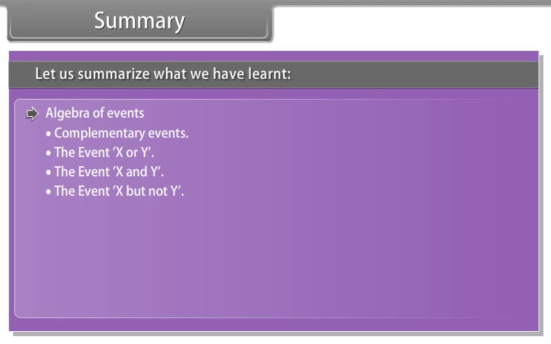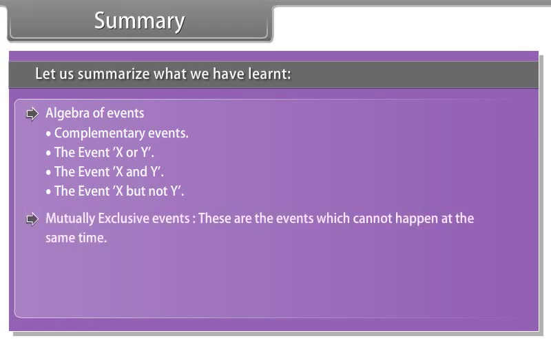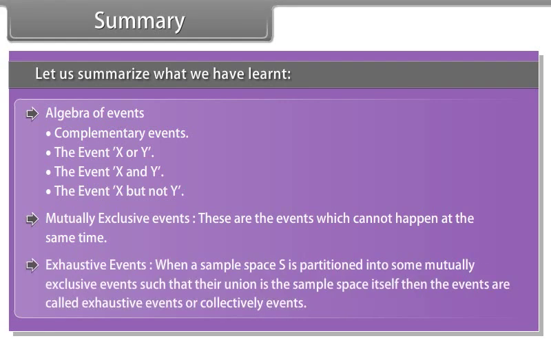The event X but not Y. Mutually exclusive events are the events which cannot happen at the same time. Exhaustive events: when a sample space S is partitioned into some mutually exclusive events such that their union is the sample space itself, then the events are called exhaustive events or collectively exhaustive events.